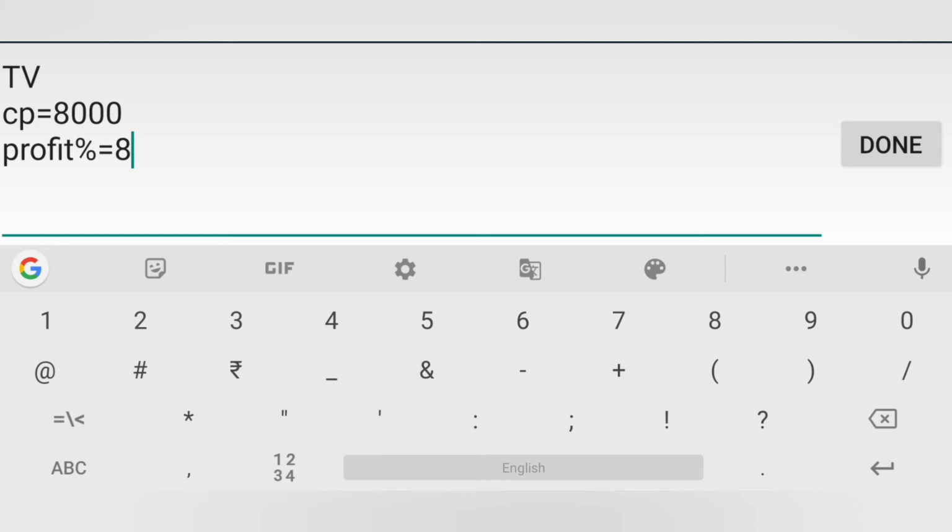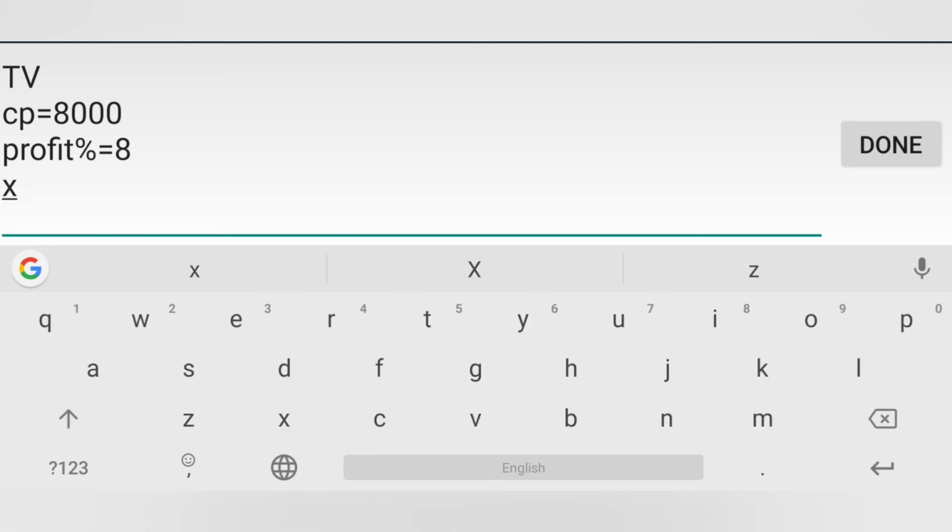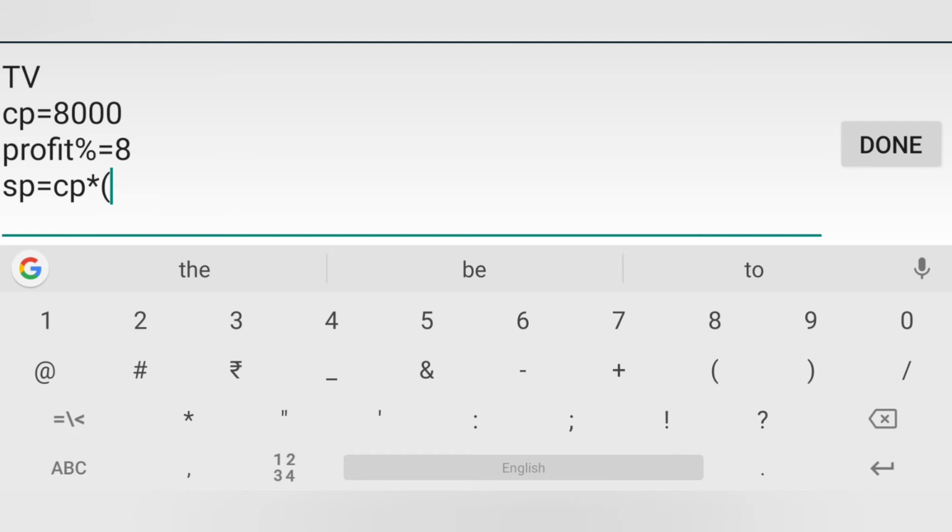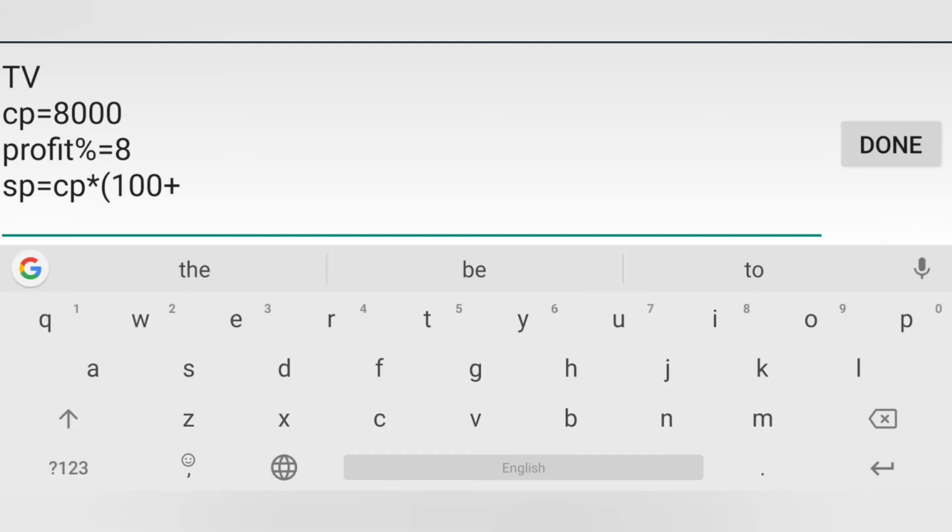Now we will again find the SP for TV. So I will now write the formula of SP for profit percent, because previously we wrote the formula for loss percent. Now I am writing the formula for profit percent, that is CP multiplied by 100 plus profit percent upon 100.